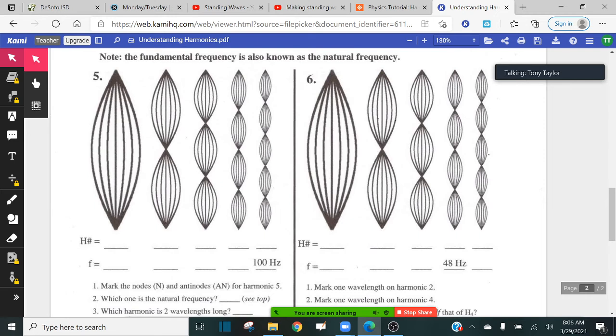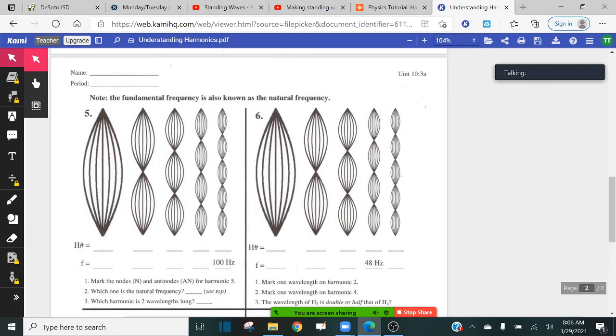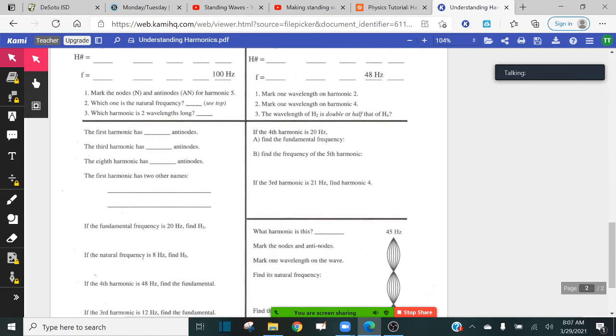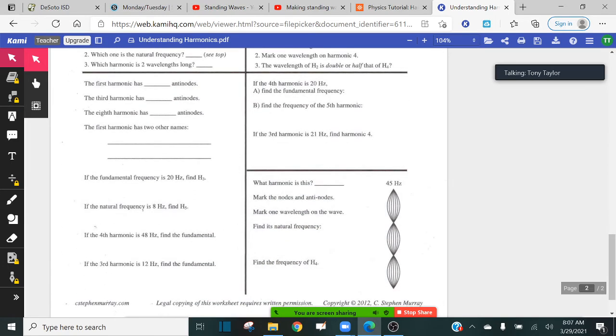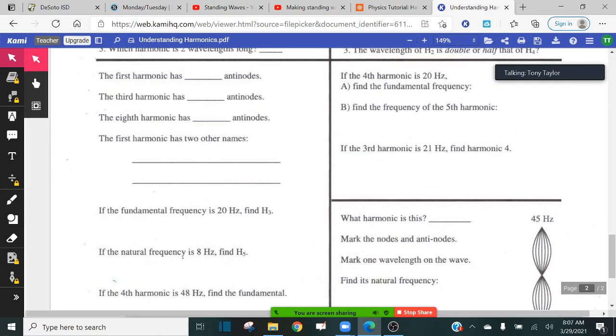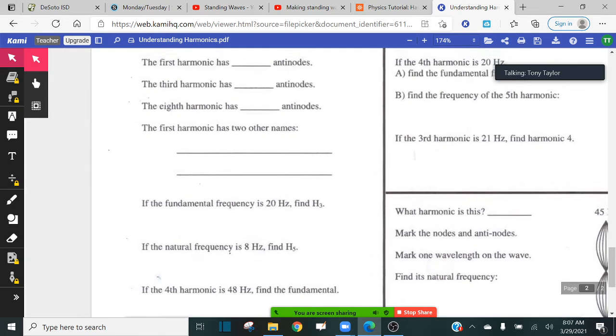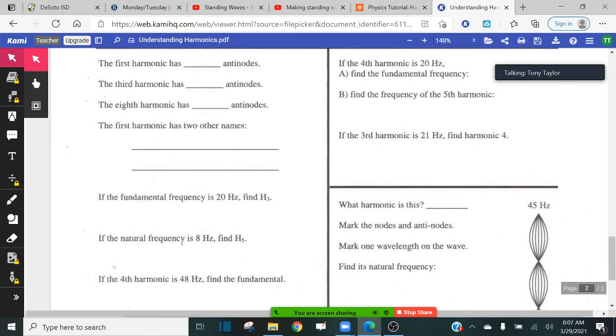All right, guys, I just want to do a few more on the back here. I want to fill out these blanks here, just enough so you guys can understand what's going on. Okay, so the first harmonic has how many antinodes? We just stated this earlier.